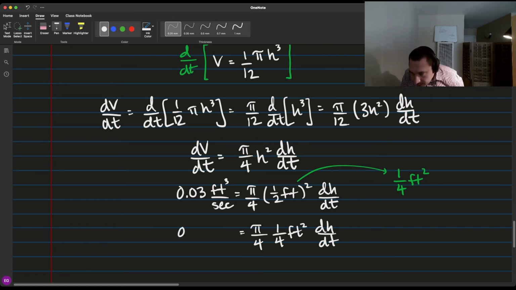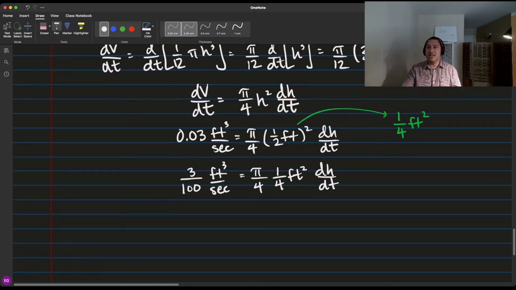Over here, you still have the 0.03. And actually, let's rewrite the 0.03. That's 3 over 100 feet cubed per second.